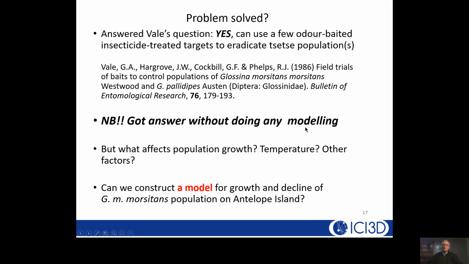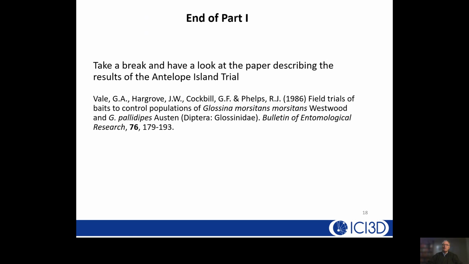Is it purely the changes in temperature, other than the use of targets, which are causing the population to go up and down? What is it that's actually affecting population growth? Is it simply the temperature, or is it the humidity, or is it other things? And we can't answer that on the basis of just drawing the kind of graphs that I've shown you. So what we need to do, now that we've got to this point, is a model. We want to model the growth and the decline of this Glossina morsitans population on Antelope Island.